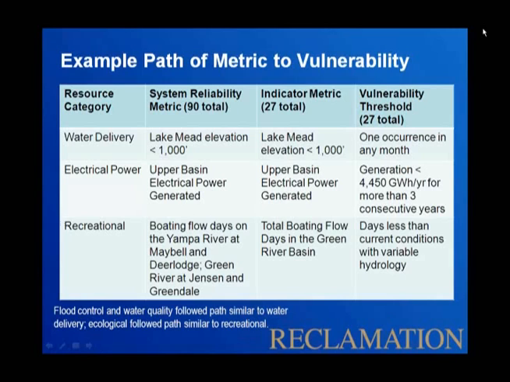Now, the second track to moving to this idea of vulnerability from a system reliability individual metric is shown here with the recreational metric category. And so if we look at boating flow days on the Yampa and then the Green, we have a number of locations.